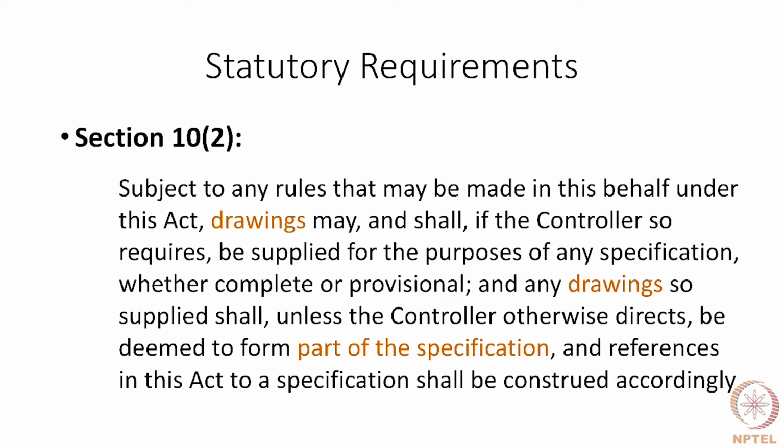Extrinsic, we had covered. Dictionaries, encyclopedias could be extrinsic aids for construction. And the third thing that we covered was tertiary, which was expert evidence given by an expert. So when you regard something as a part of a specification, it means that that part could be used as an intrinsic aid for construing the specification in case there is any ambiguity.